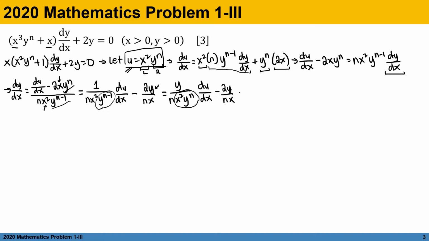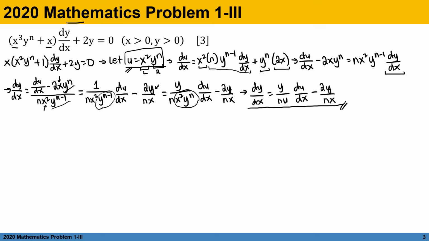So we can rewrite again dy over dx as y over nu du over dx minus 2y over nx. So this is our dy over dx.